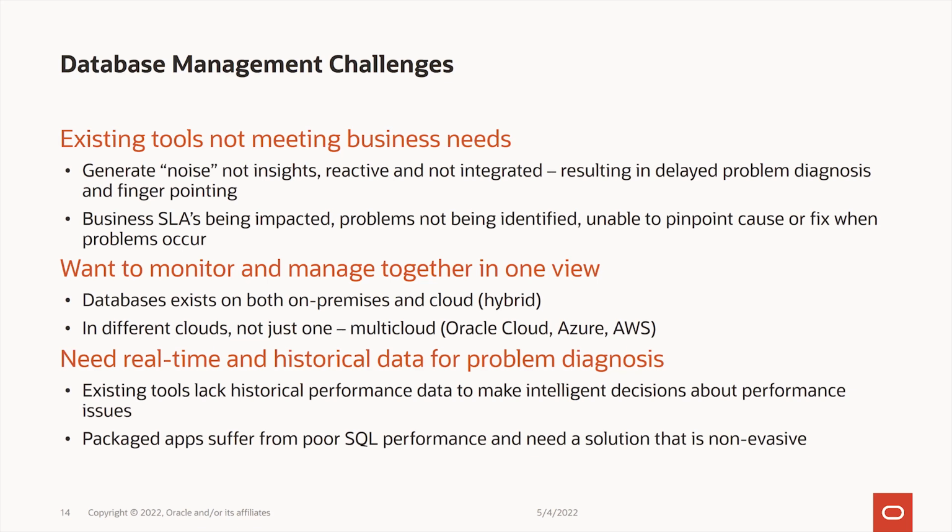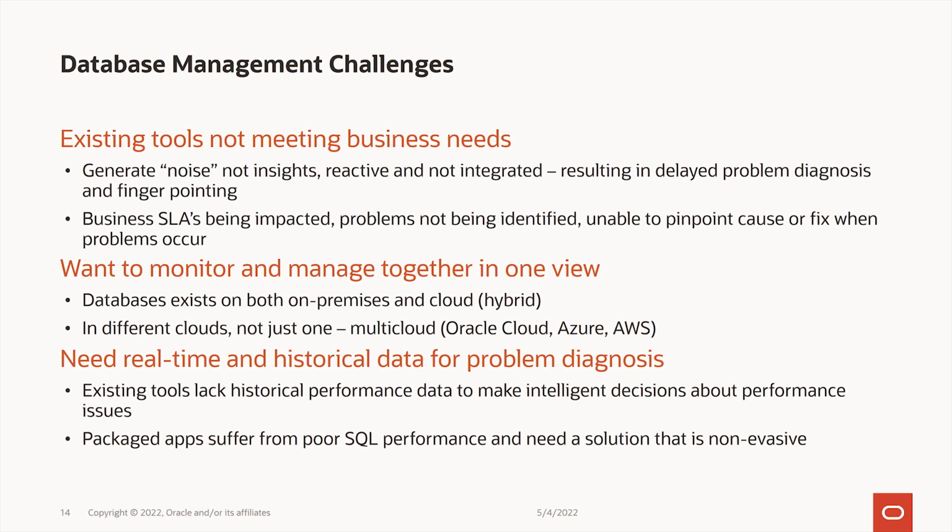Cloud adoption rates are increasing rapidly, and the existing tools that monitor legacy systems are not designed for effective problem diagnosis, and hence do not meet the business SLAs, leading to problems not being identified at the right time. So today, databases are deployed in a hybrid mode, on premises and on cloud.